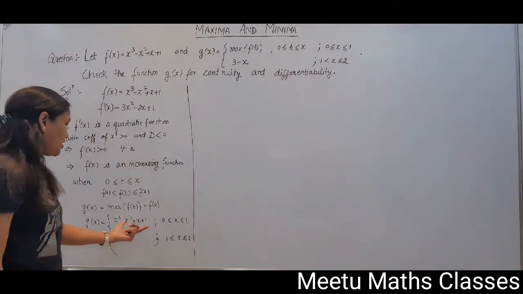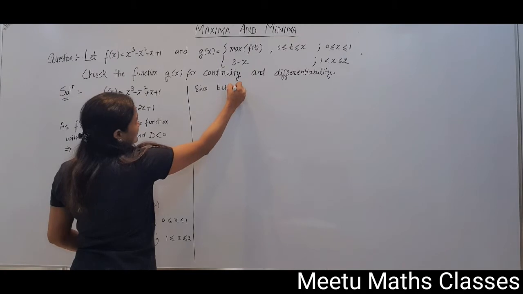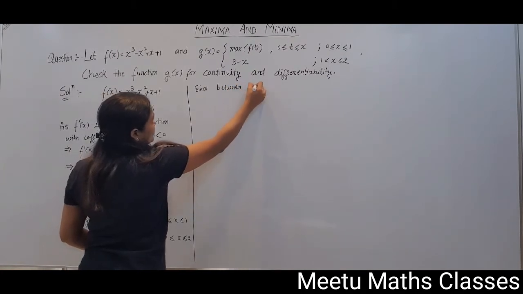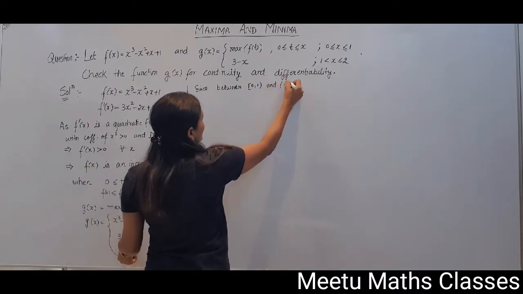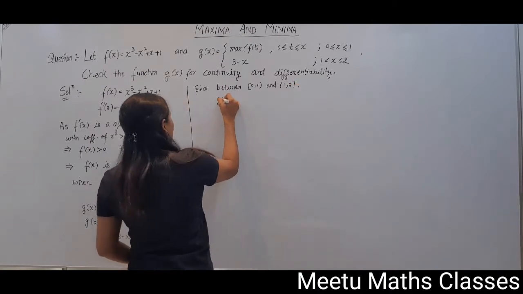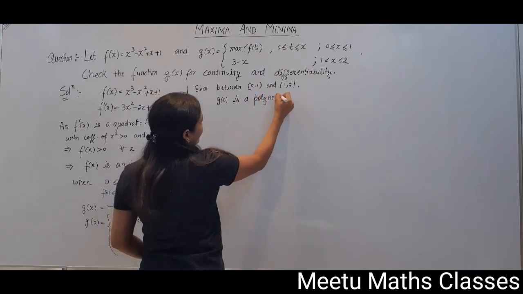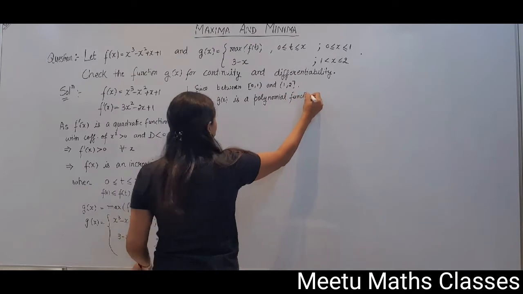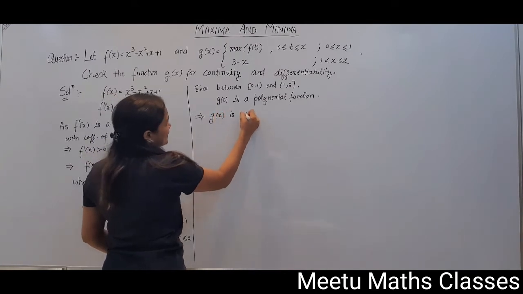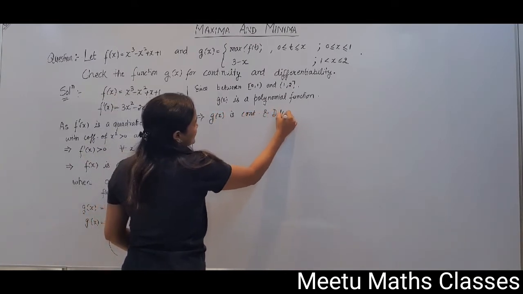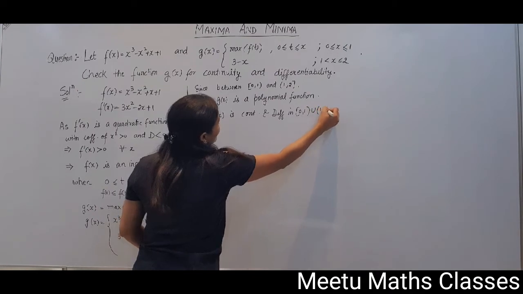Since between 0 to 1 and 1 to 2, your g(x) is a polynomial function, therefore it is continuous and differentiable in this interval, 0 to 1 and 1 to 2.